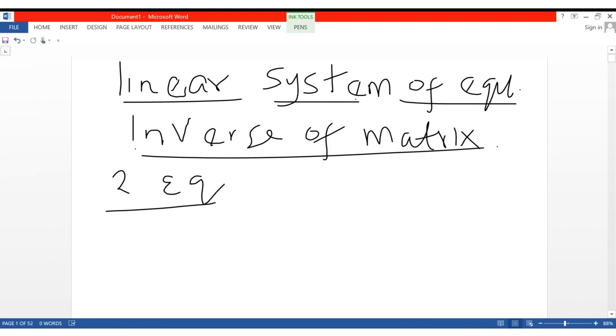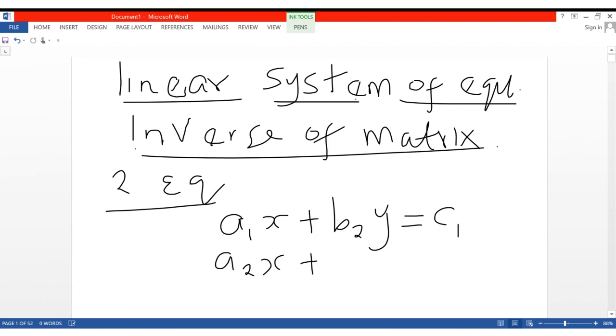If we have two equations, a1x plus b1y is equal to c1, and a2x plus b2y is equal to c2. Let's say you have a system of two equations.